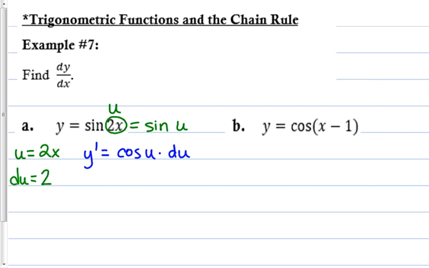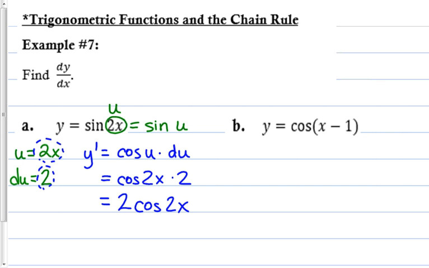And now I can just go ahead and plug in what the u's are, or the du's. So the cosine of u, here's u, it's 2x, times du, which is the 2. And of course, please write numbers, coefficients in the beginning. And there you go. There's my derivative.